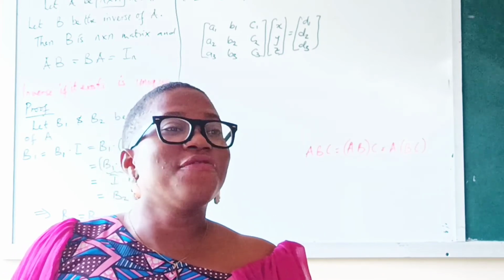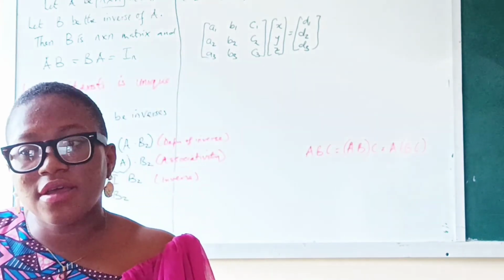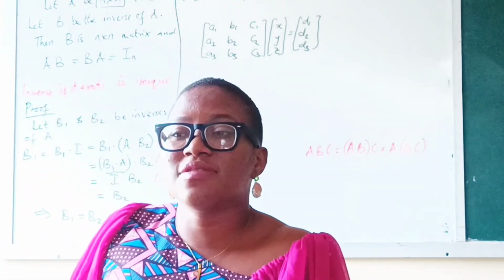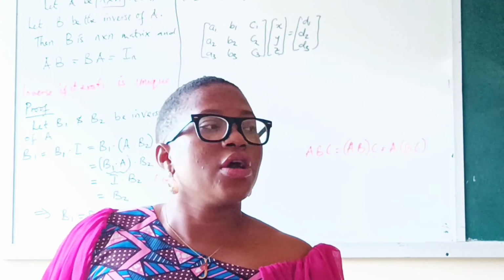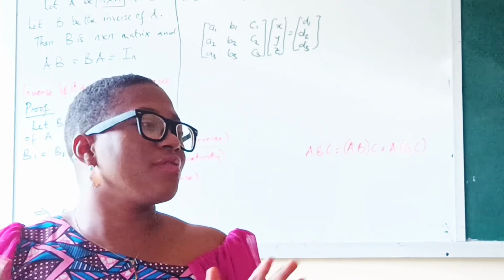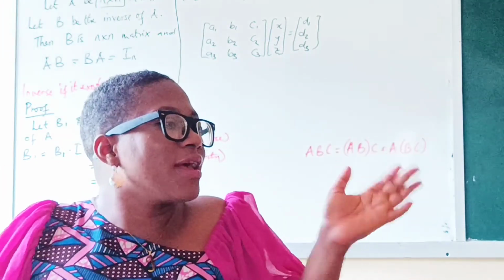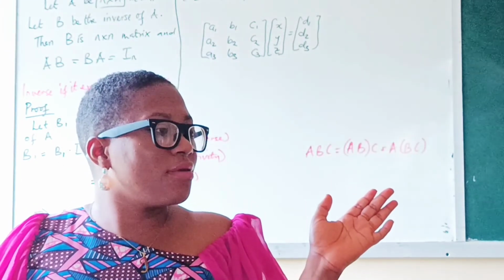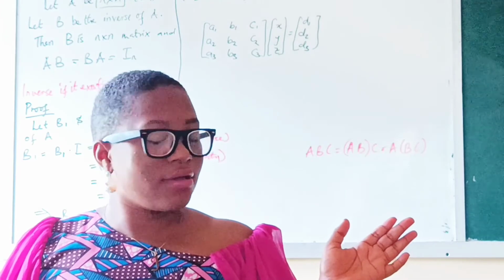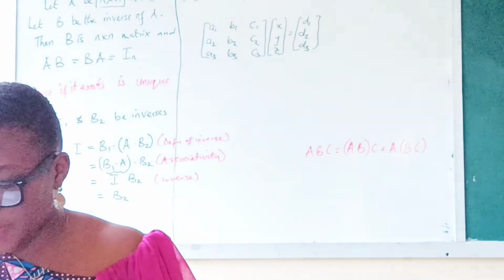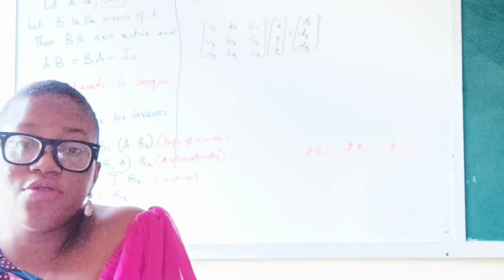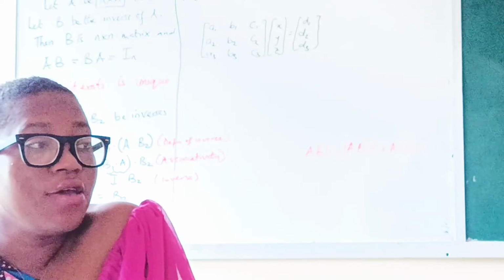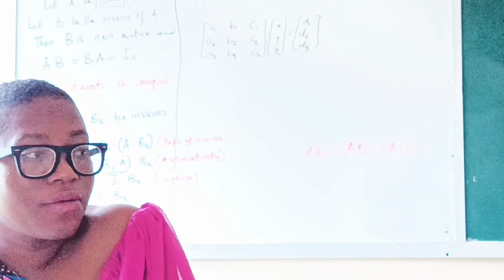If the inverse exists, then that matrix is said to be non-singular because it has an inverse. Now, if the inverse does not exist, then it's singular. I cannot find an inverse. So, a matrix is non-singular if and only if it is invertible.